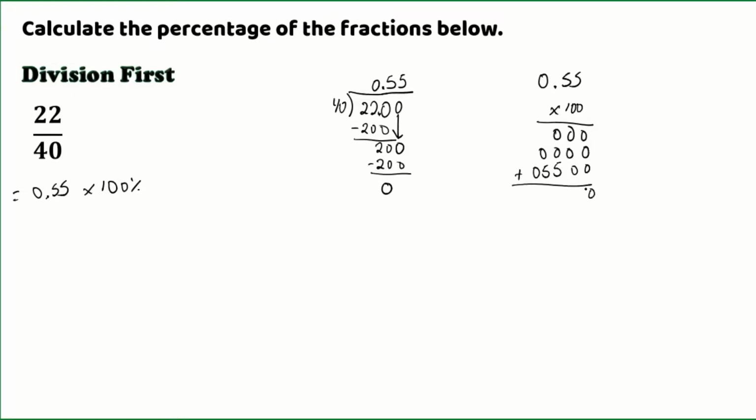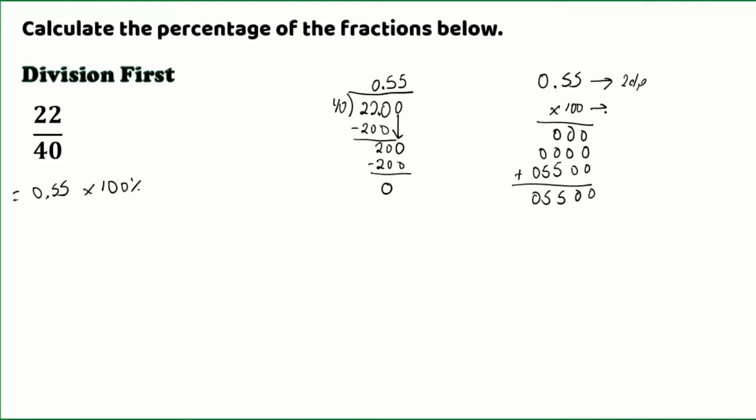So we get 0 for our first column, 0 for the second column. 5 plus 0 is 5, 5 plus 0 is 5, and we're going to bring down our 0. And remember that when multiplying with decimal numbers, we always go back to the numbers we multiply and count how many digits were behind the decimal point. So in my first number, I have 2 digits behind the decimal point.